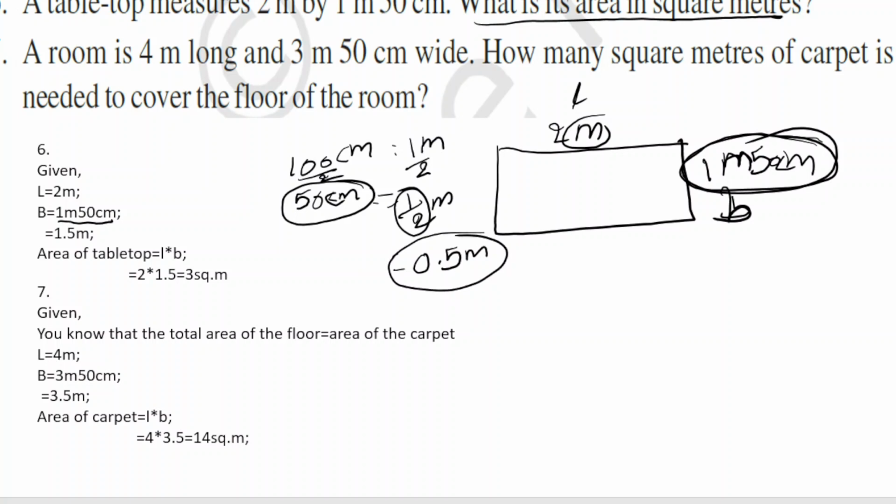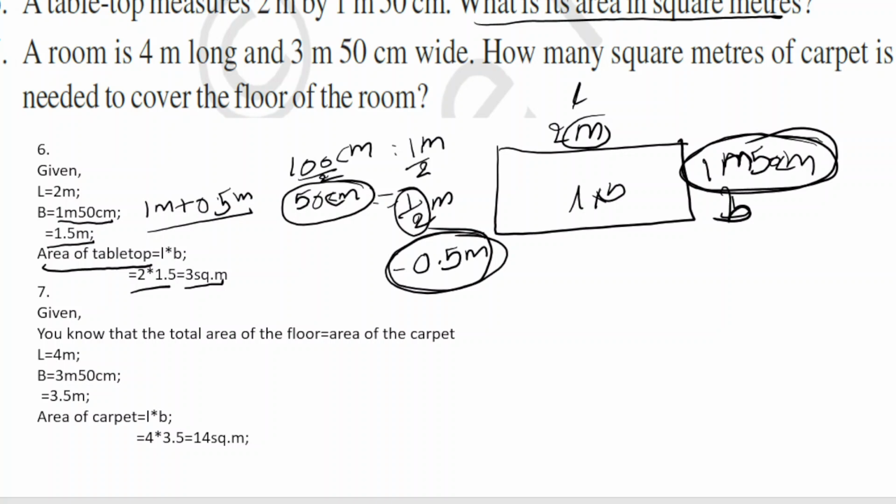So breadth is this 1 meter plus 50 centimeters, which can be written as 0.5 meters. So 1 meter plus 0.5 meter is equal to 1.5 meters, and the area of the tabletop is length into breadth, that is equal to 2 into 1.5, that is equal to 3 square meters.